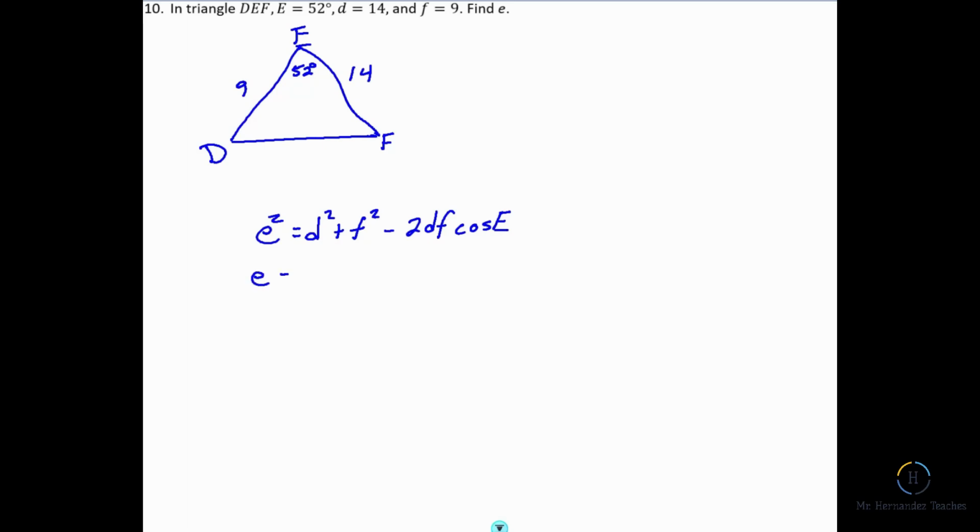So E is going to be equal to the square root of 14 squared, plus 9 squared, minus 2 times 14 times 9 times cosine of 52 degrees. So let's figure out what E is, rounded probably to the nearest tenths.